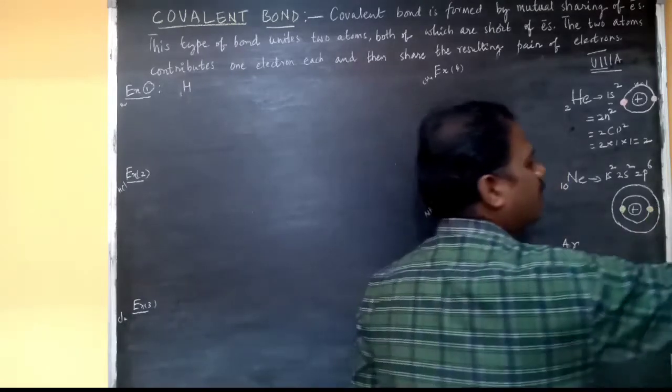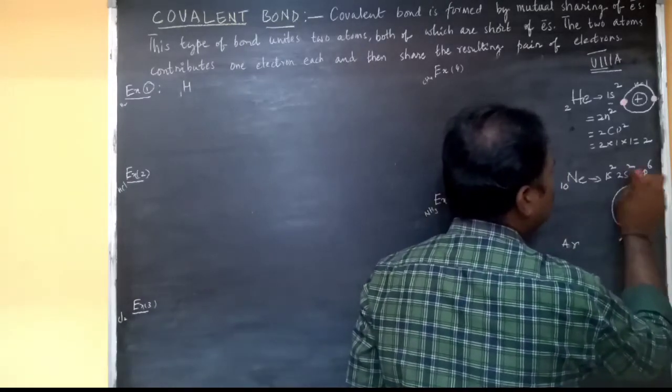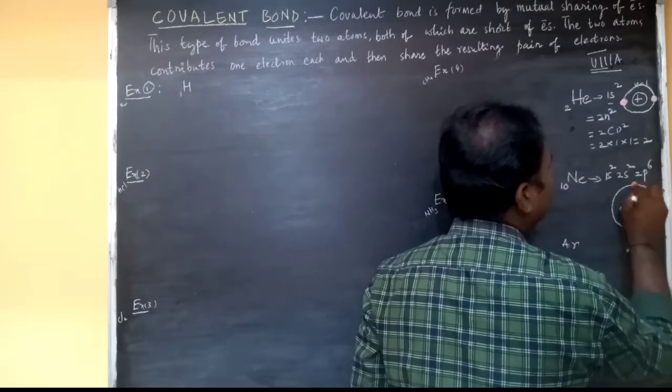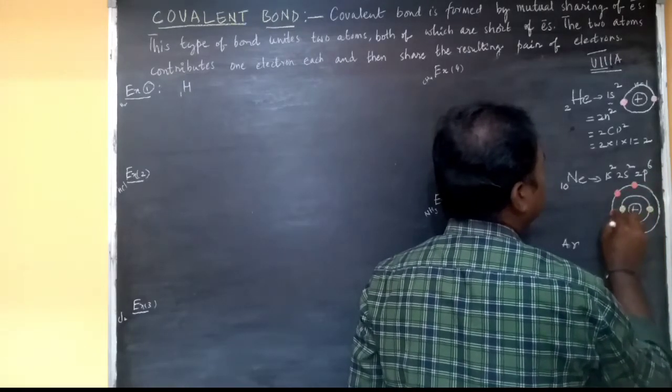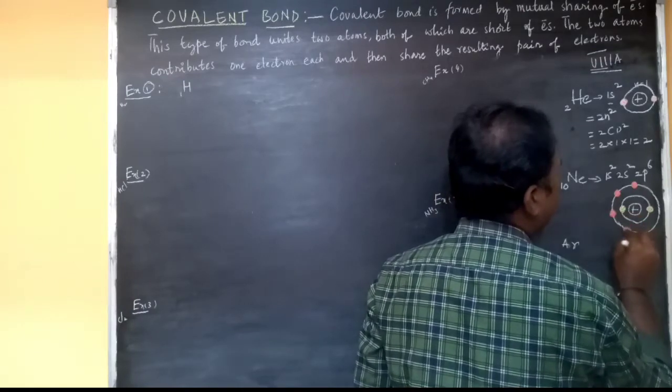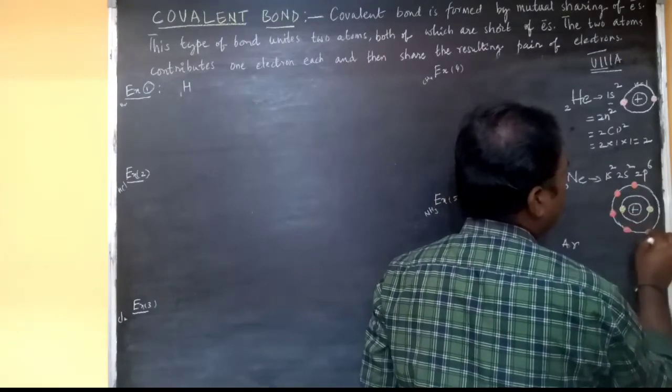In the second orbit we have 2 plus 6, that is 8 valence electrons.